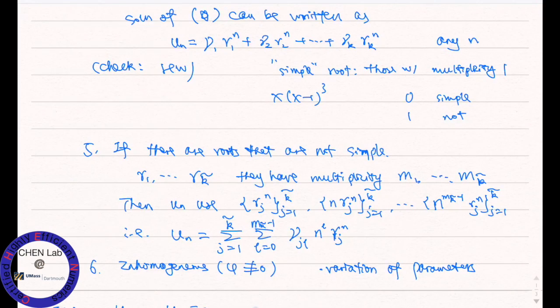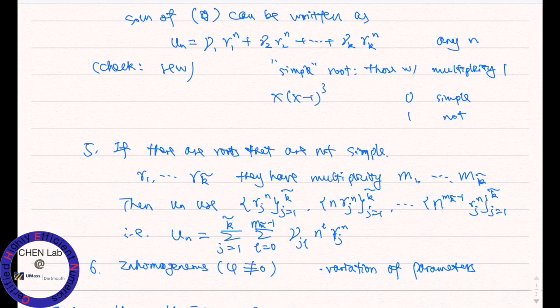So let's look at this example. Here, of course, we're given a two-step method. We're given u0, u1. And then we know pi r is equal to r squared minus 1.